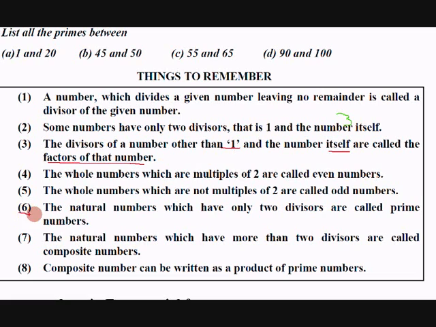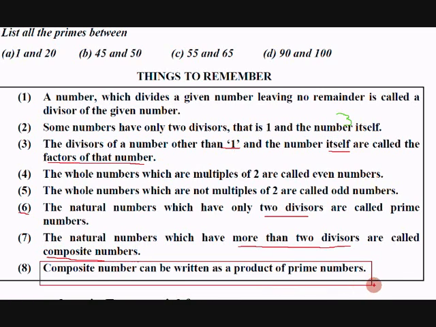Point 6, the natural numbers which have only 2 divisors are called prime numbers. What are prime numbers? The natural numbers which have only 2 divisors. Those with more than 2 divisors are called composite numbers. Finally, a composite number can be written as a product of prime numbers. This is called prime factorization. Okay. With that, we have completed this chapter on prime numbers.